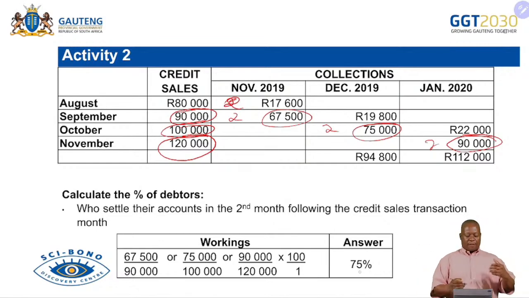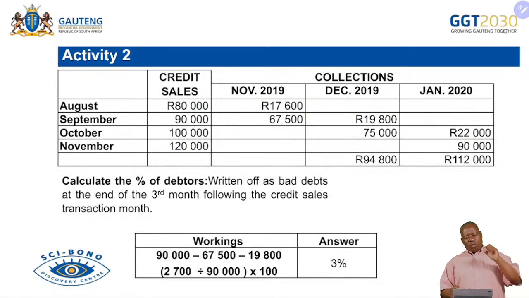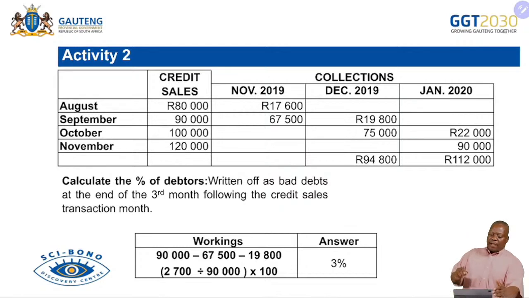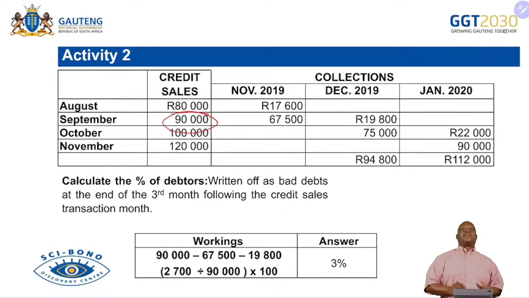Good. Now, they also wanted us to calculate the percentage of debtors that are going to be written off. Now, what are they saying here? If you check, we are having September, for example. Let's go to September. How much are the credit sales for September? It's 90,000.